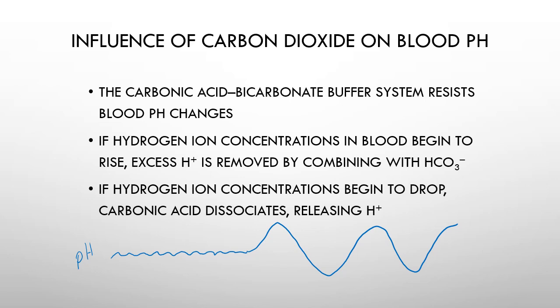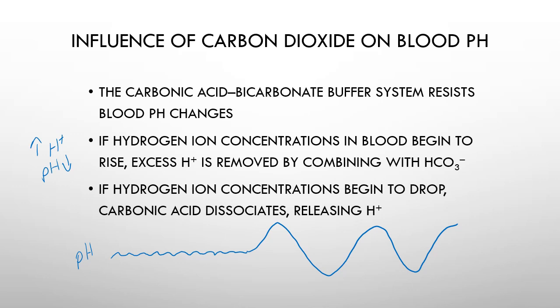As hydrogen ion levels go up, if we have an increase in hydrogen ions, that means our pH is falling. So increased hydrogen ions, decreased pH. The blood is becoming more acidic in that sense.